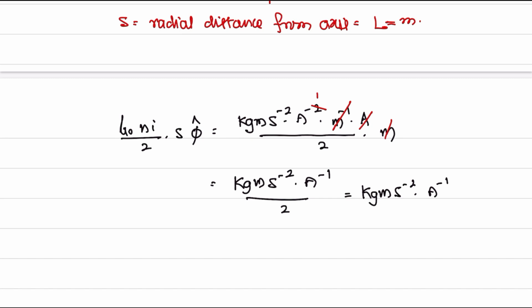What is kg meter per second square per ampere? It is nothing but Tesla meter, TM.